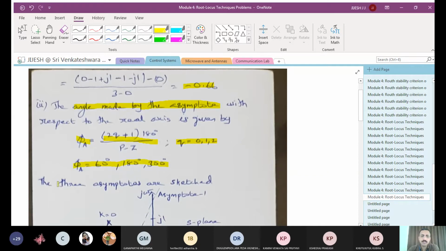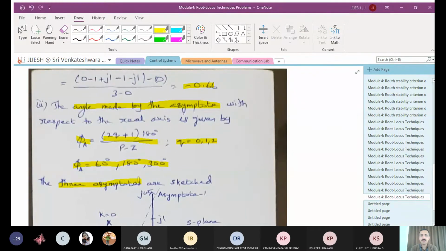So you need to sketch the three asymptotes. You plot the three asymptotes in the S plane. All of you plot the three asymptotes in the S plane. Mark the poles and zeros as well.